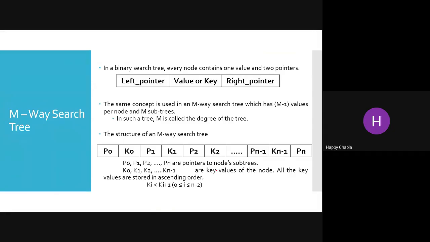Whatever tree you are building, all the leaf nodes of all the subtrees of that tree will remain at the same level. Why? Because this is the next level tree, you can say. Why are we doing this?